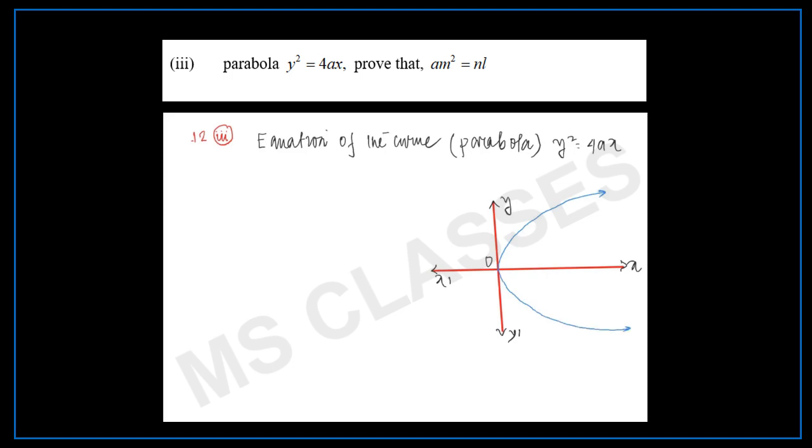Now this is the y square equal to 4ax graph. It is said that a line Lx plus my plus n equal to 0 touches this parabola.